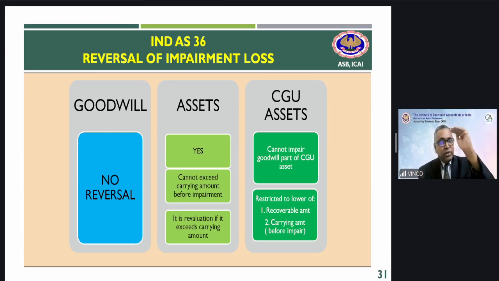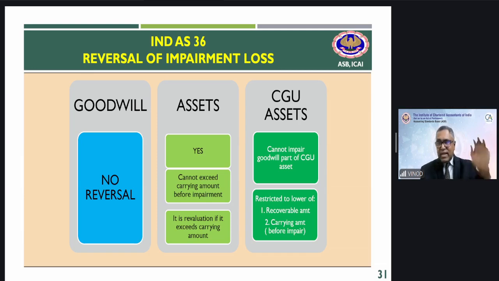So this rule we have to remember under impairment loss. Losses first allocate to goodwill, then to other assets. Impairment gain, reverse those losses. Do not touch goodwill when you reverse impairment loss. But you can reverse the losses already allocated to the other PPE to the extent of their carrying values.